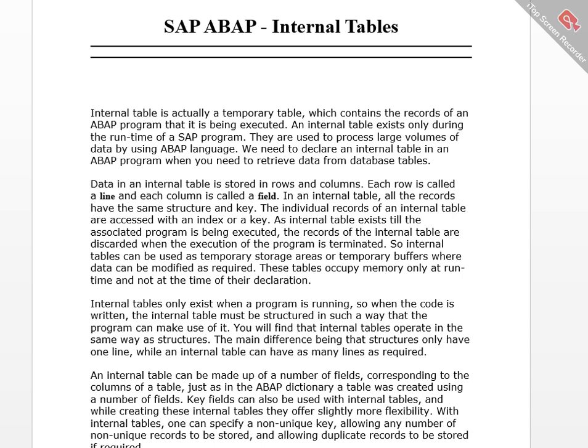So when the code is written, the internal table must be structured in such a way that the program can make use of it. You will find that internal tables operate in the same way as structures, the main difference being that structures only have one line, while an internal table can have as many lines as required.